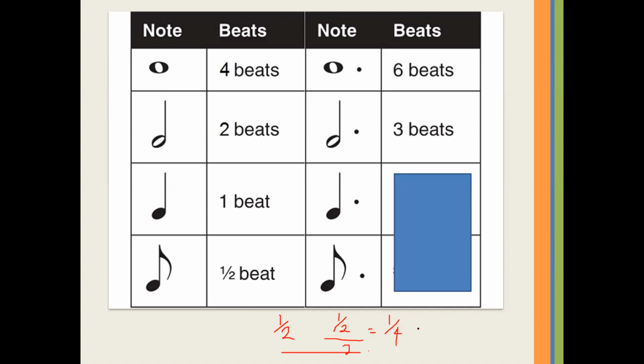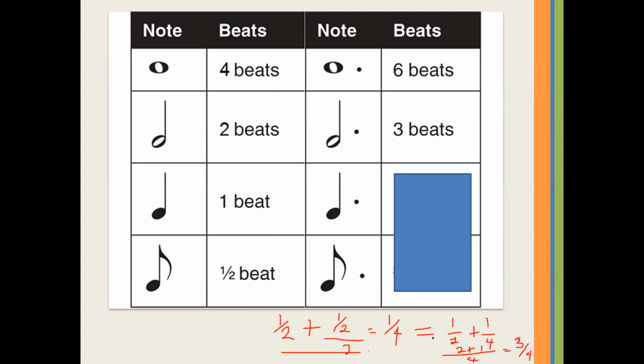So now we're going to add that. The grand total will be 1/2 plus 1/4. Back to maths days, very interesting. That will give 2 plus 1, so 3/4.